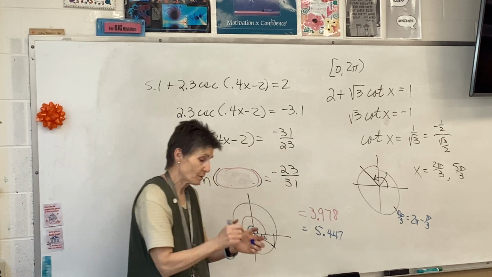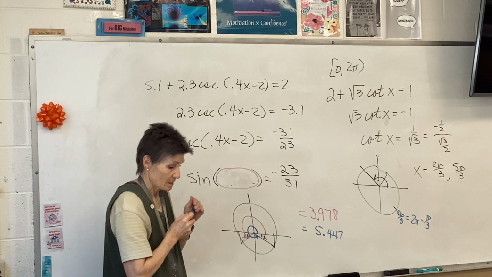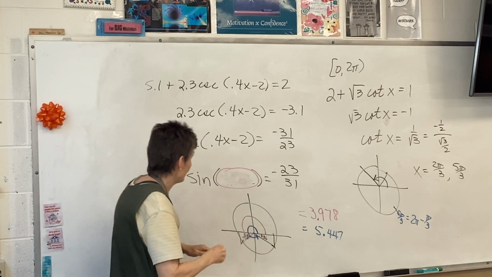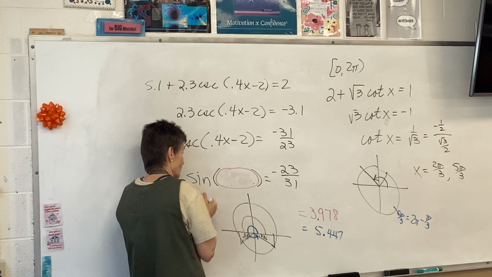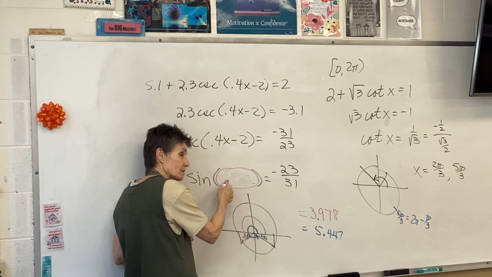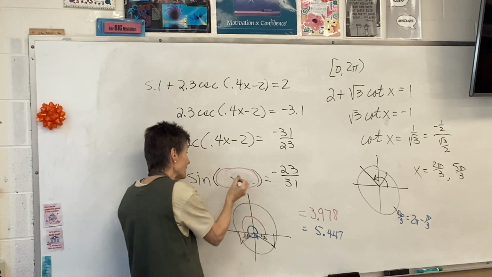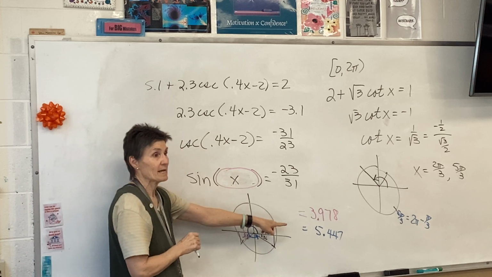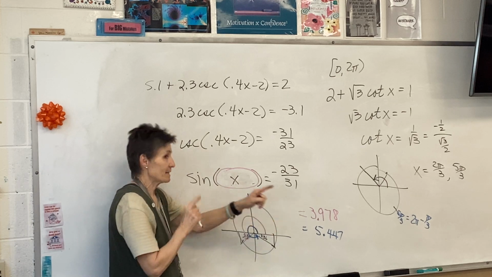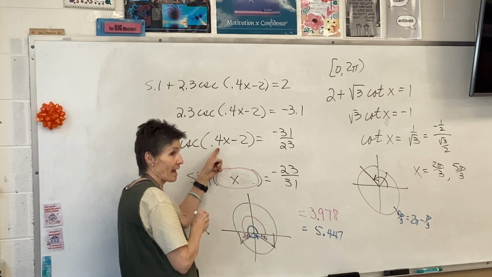Now this is where you gotta be careful. Those are the angles, so that's what goes right here. Well, that's not an X. If that had been an X, then those would be the answers. But it's not an X, it's that.